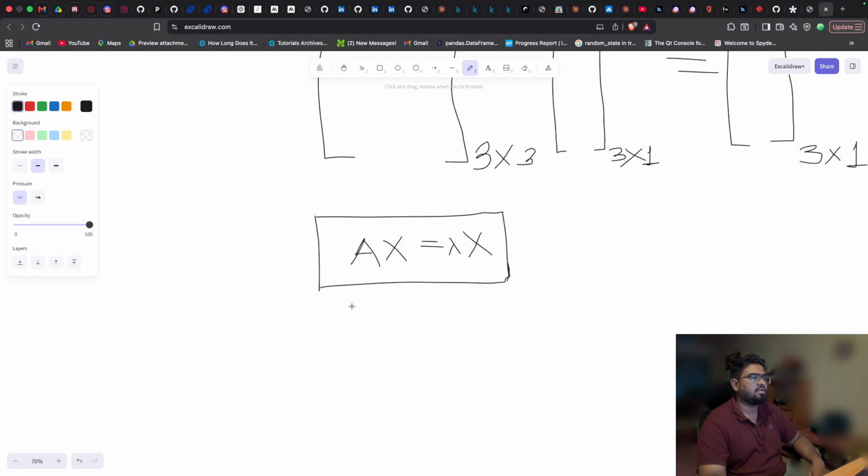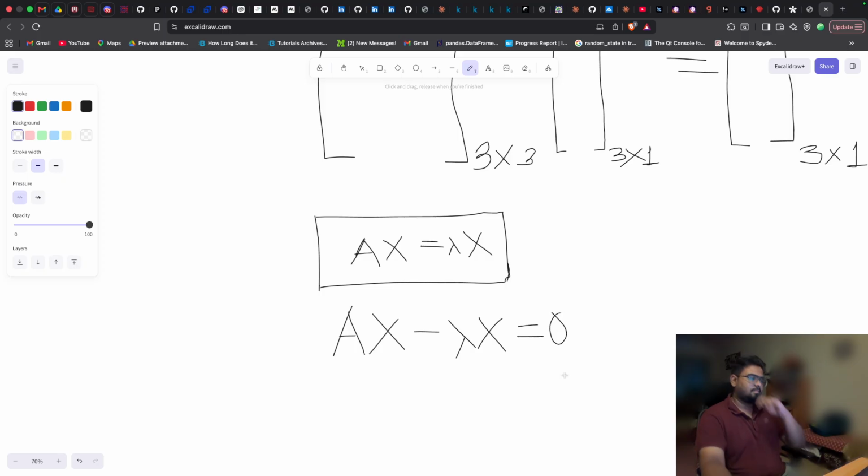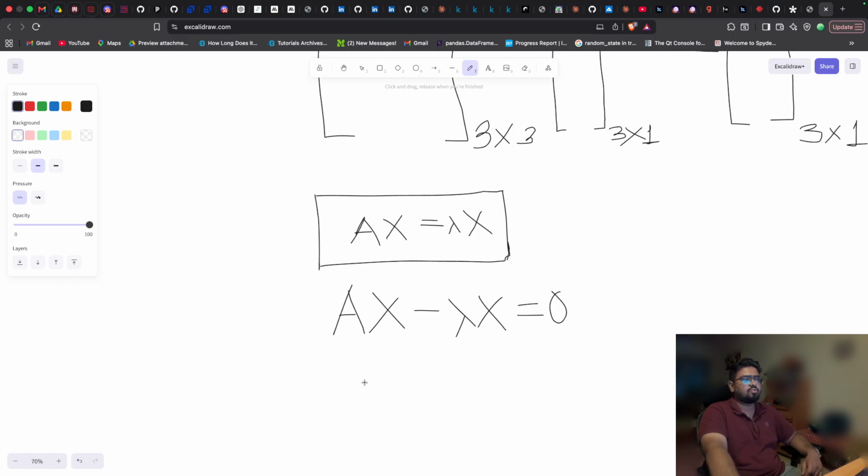And how do we solve it? We just do (A minus lambda I) x equals 0. Remember, these are matrices. So this is nothing but a zero matrix, or you can consider this as a vector of the size of x. Then you solve this equation, you get the value of lambda. You put it in, then you get the value of x.